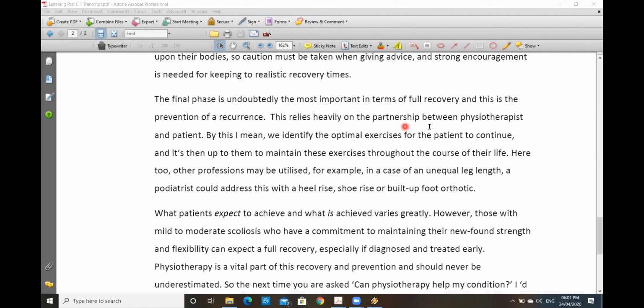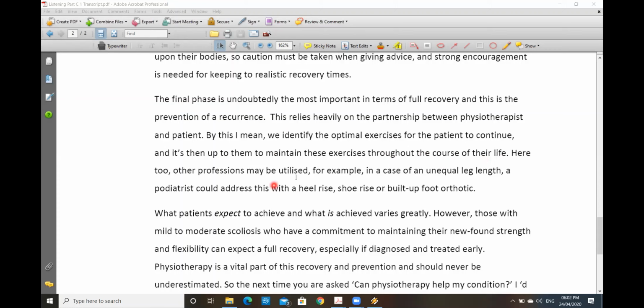This relies heavily on partnership between physiotherapist and patient, and then he clarified what he means by partnership. Does it mean that the physiotherapist still works with the patient? No, he clarified by this, I mean, we identify the optimal exercises, and it is then up to them to maintain these exercises throughout the course of their life, because the final phase is throughout the course of their life.